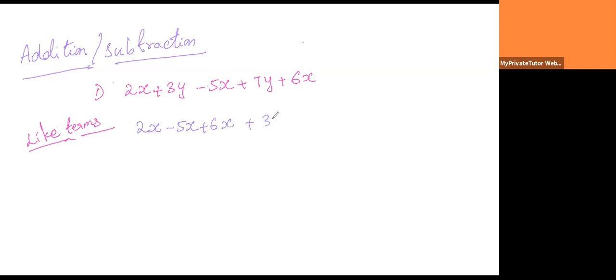And for y we have 3y and 7y. So I have put them in order, like terms together, and then combine. What is 2 minus 5, which is minus 3, and minus 3 plus 6 is plus 3x.